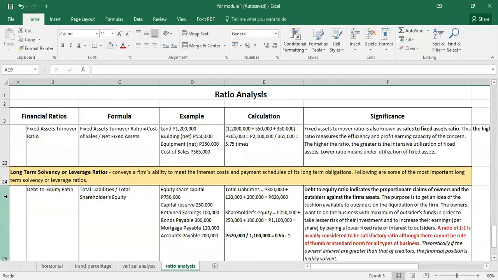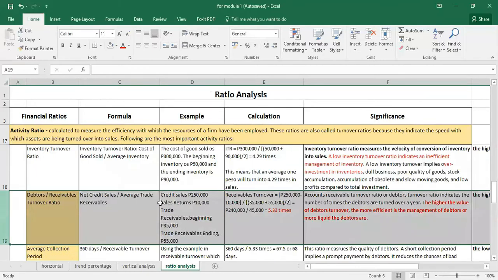So, ito naman, ang mini-measure nito actually is kung gaano kadaming beses mong nako-convert yung mga pautang mo or kung gaano kadaming beses mong nasisingil yung mga pagpapautang mo. Yun yung pinaka-simpleng explanation ng receivables turnover ratio mo.